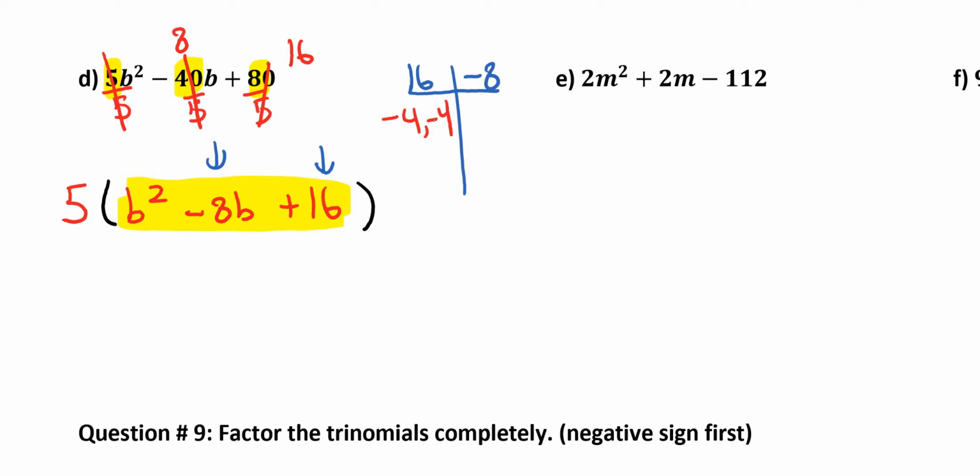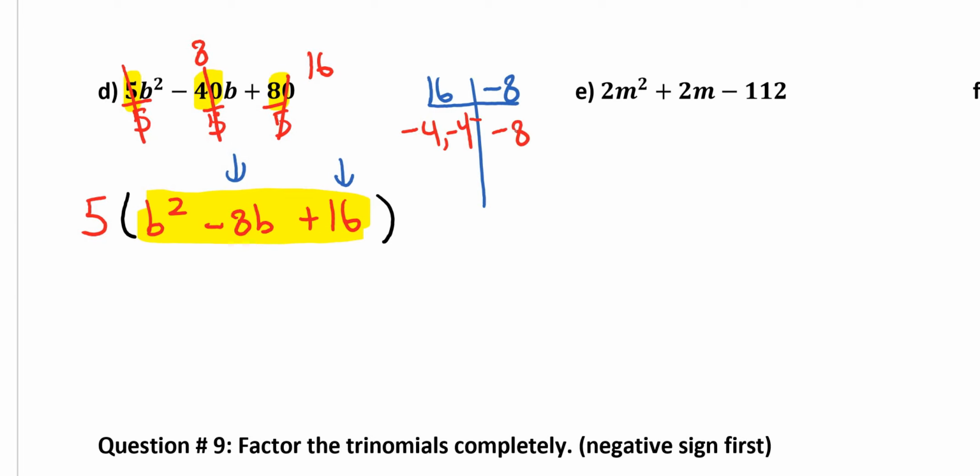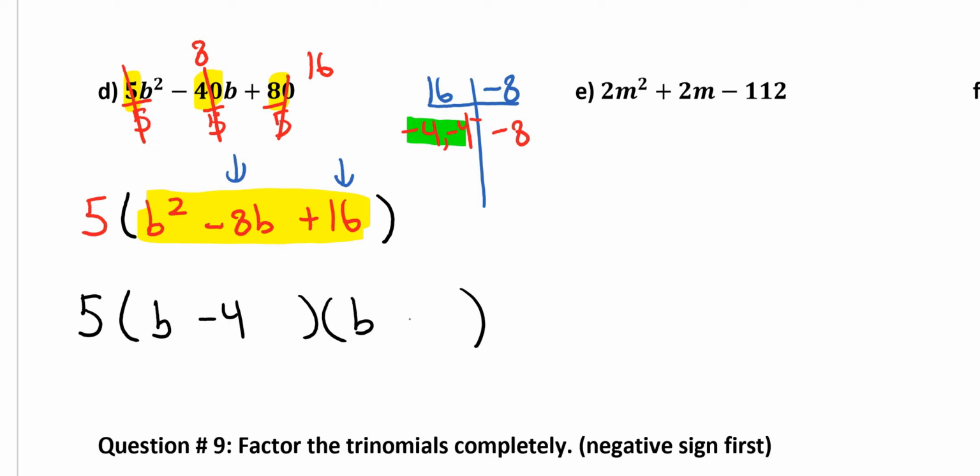So -4 times -4 is 16, and -4 minus 4 gives you the -8. In order to finish off, the GCF remains, and then I need two more brackets here, and the numbers that I'll be using inside the brackets are -4 and -4, so b minus 4 and b minus 4, and that would finish off that problem.